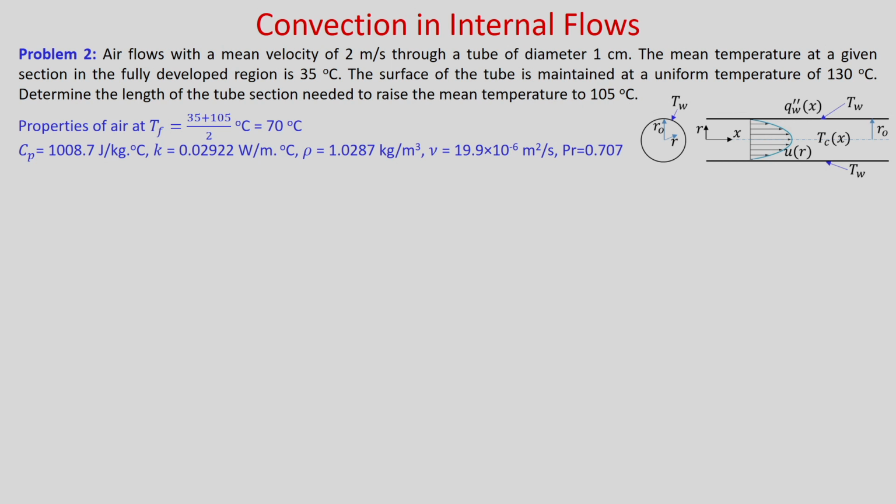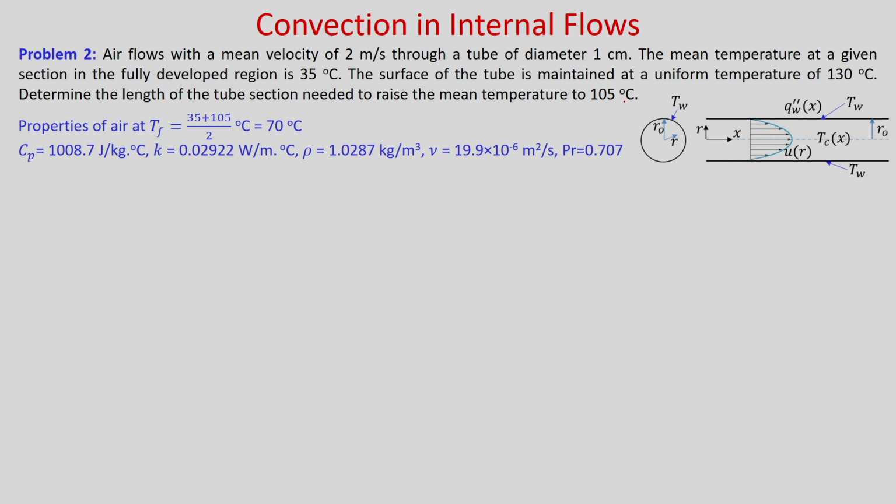So, you can see in this particular case it is a case for uniform wall temperature, okay, and it is a fully developed region, already it is told. Your mean temperature at a given section is given as 35 degree centigrade. Now, we have to calculate the length of the tube section where the mean temperature is to be raised to 105 degree centigrade.